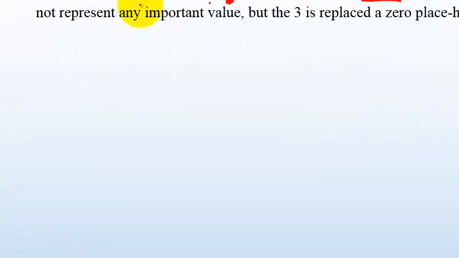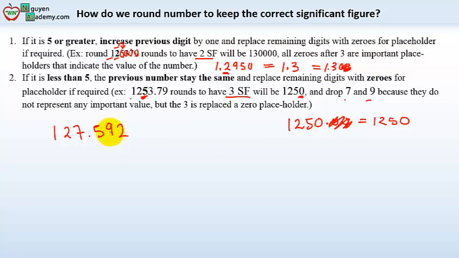Let's try another one. Here I have 127.592. The first one I'm going to do is two significant figures, 2SF. So we rewrite this number, 127.592.